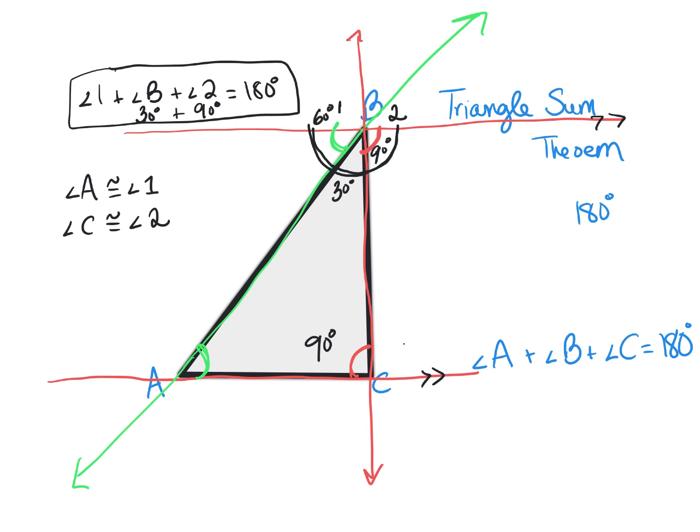We've previously learned that. And because angle 1 and angle A are alternate interior angles, this is also 60 degrees. So this is how mathematicians have proven that all triangles must have a total of 180 degrees.